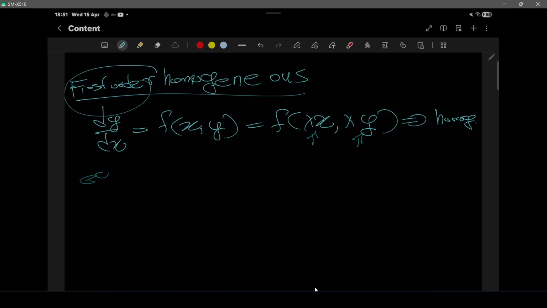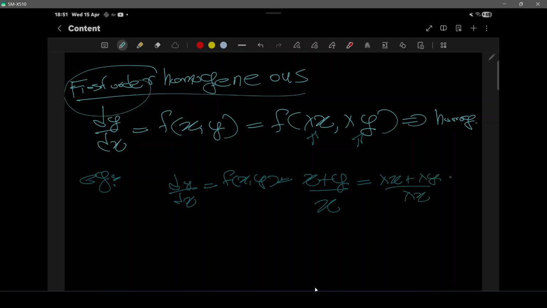As an example, if dy by dx is equal to f(x,y) equal to (x plus y) over x, and we think about f(λx, λy), what we get is (λx plus λy) over λx. So lambda will be cancelling out, and again we get f(x,y). So this is homogeneous.